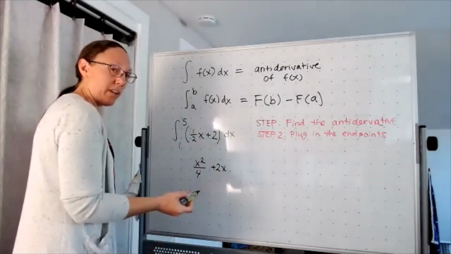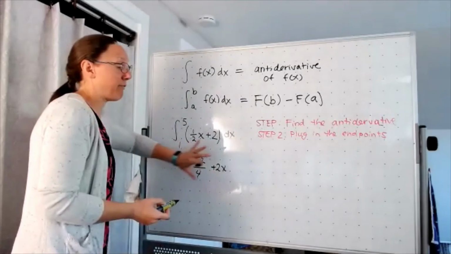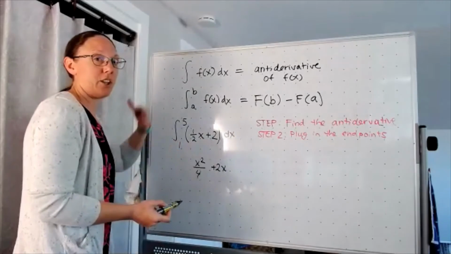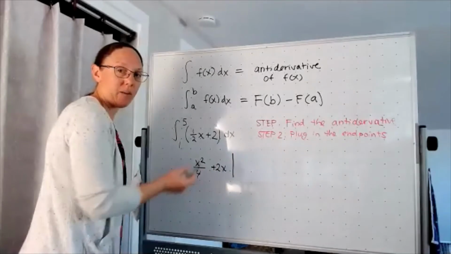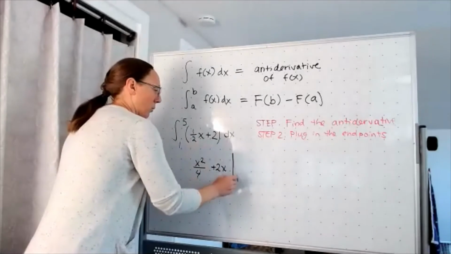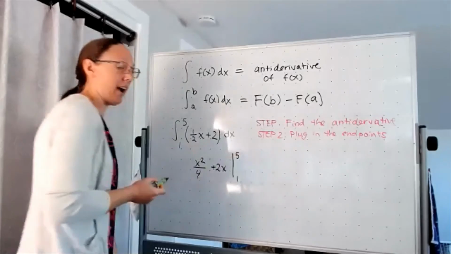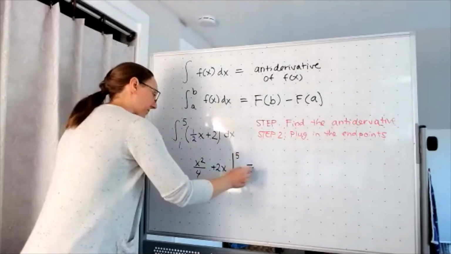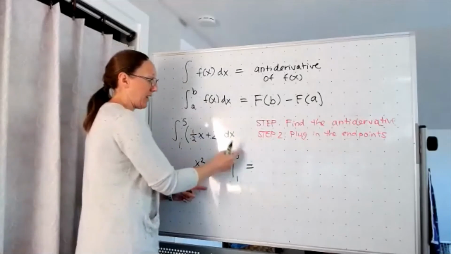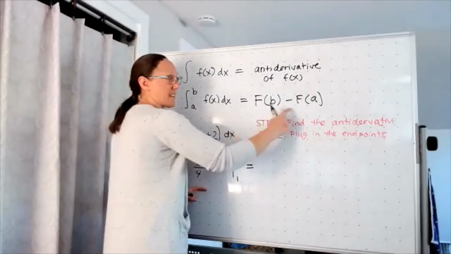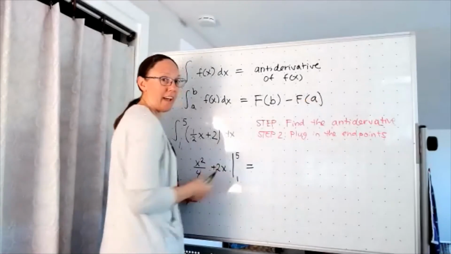And the notation that we use here, because we've already found the antiderivative, is a vertical line. And then we put those limits on here, a 1 and a 5. Step 2 says I'm going to plug in the b limit and subtract off plugging in the a.